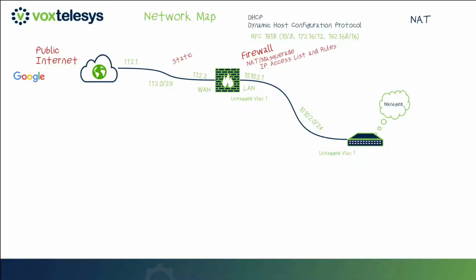The network space is 10.10.2.0/24, so it gives you 254 addressable network hosts, and we are going to plug in a masquerade that says anything from the 10.10.2 network, change the source of that to 1.1.2.2 for the public internet.